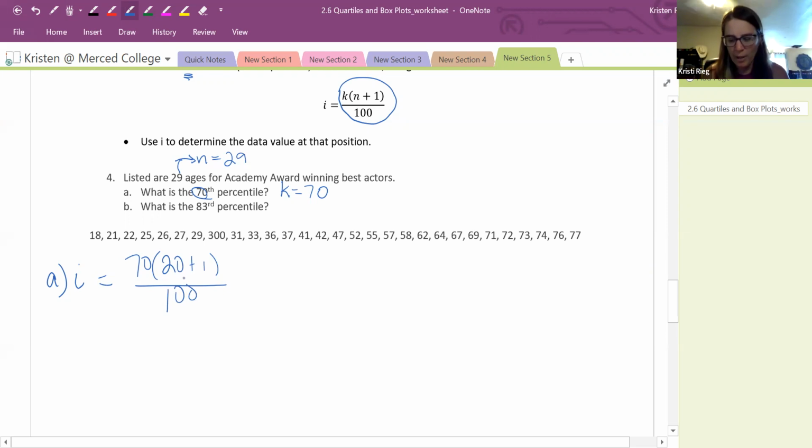Put that into your calculator, with some parentheses. 70 times, now I could put 20 plus 1, but I also know it's 21. So I can just put 21 in my calculator, divided by 100, and I get 14.7.